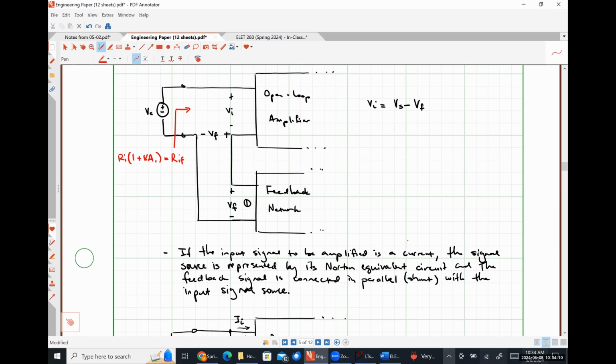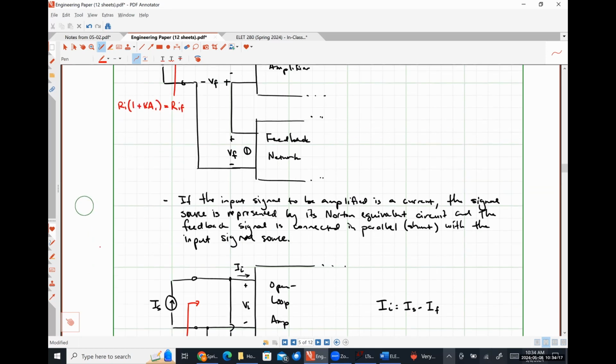If we want a current amplifier, where our input signal is a current and our output signal is a current, we need to connect in parallel on the input, in series on the output. If we want a transconductance amplifier, where our input signal is a voltage and our output is a current, it's series on both sides. If we want a transresistance amplifier, where our input signal is a current and our output is a voltage, it's parallel on both sides.